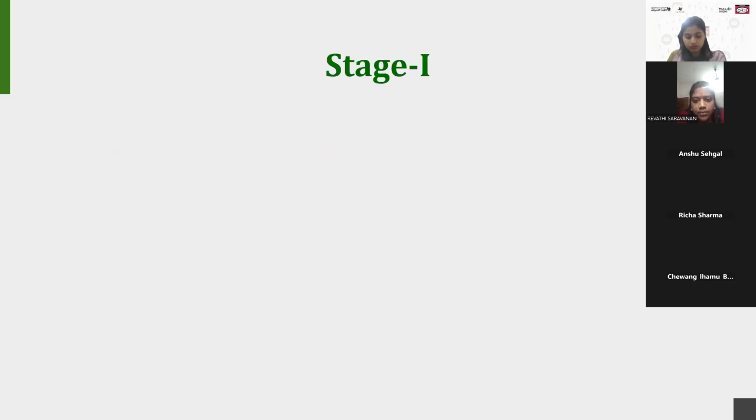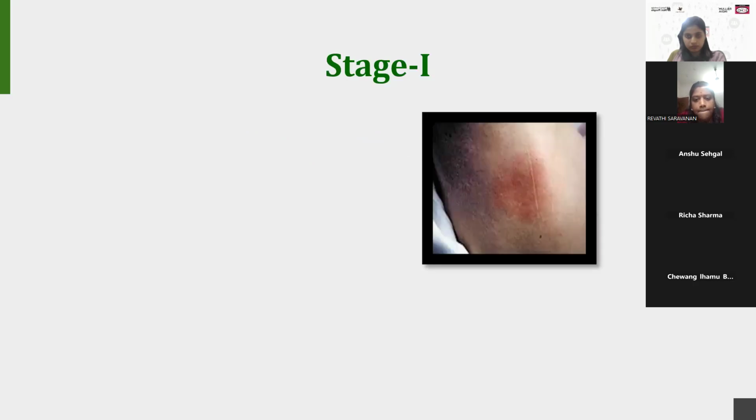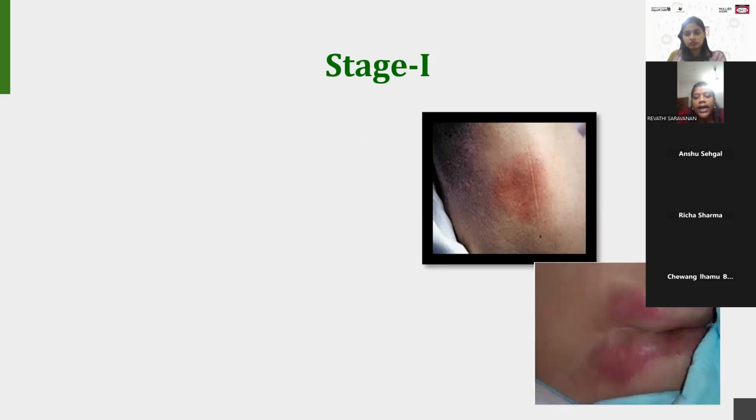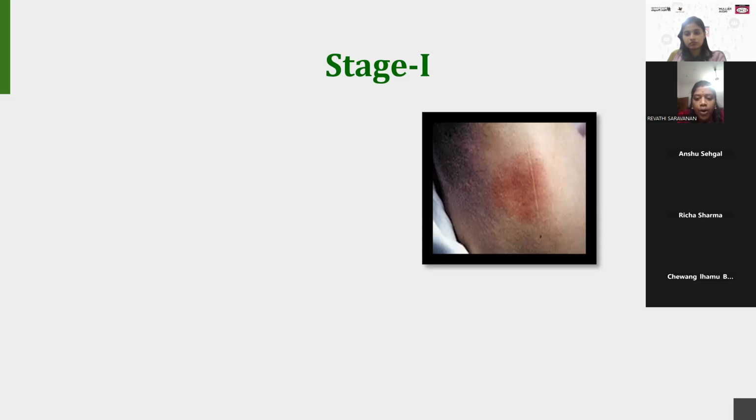Stage 1. Here you can see little scratch-like wounds. This is the stage 1 wound of pressure ulcer. Okay, can anyone explain the skin layers of the human body? Or put it in the chat box. Skin layers: dermis, epidermis, subcutaneous, we have, no?